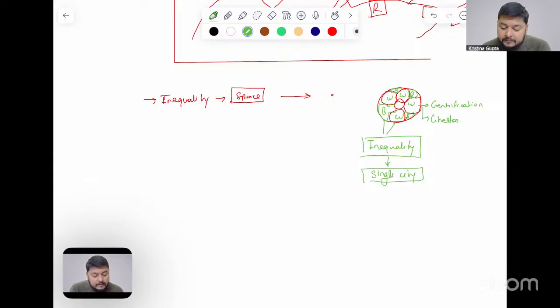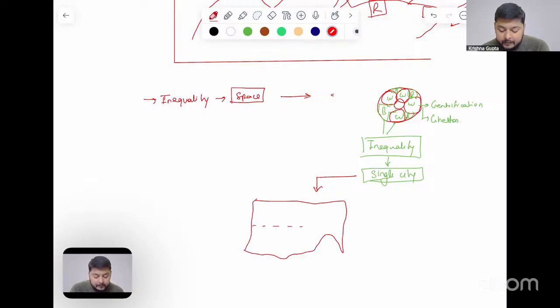If we specify this issue further, in the complete American region, it was seen that more black people used to live in the southern part of America and more white people used to live in the northern part.